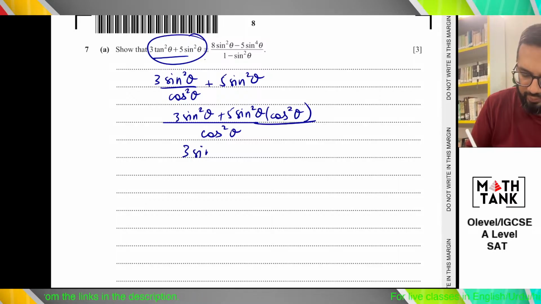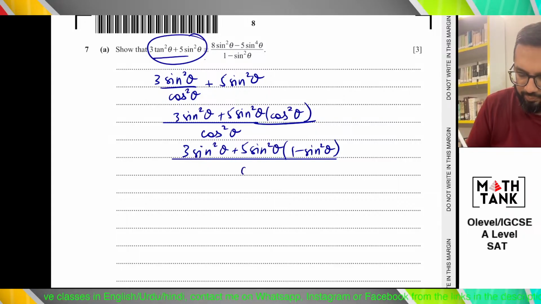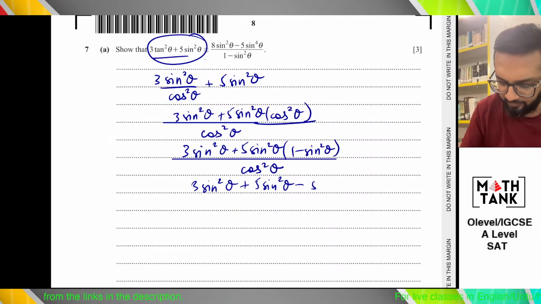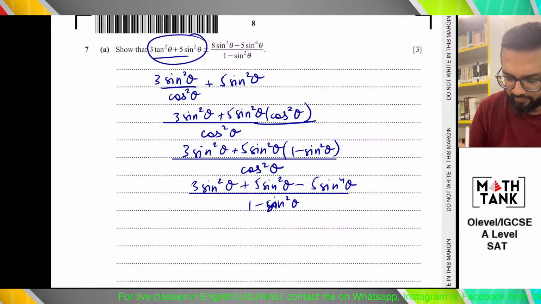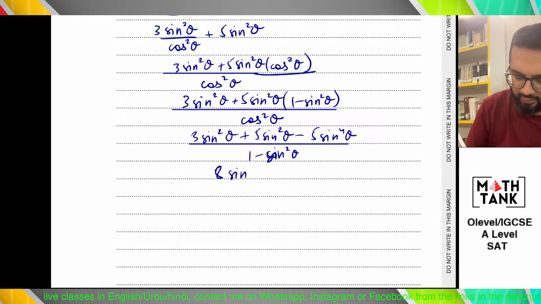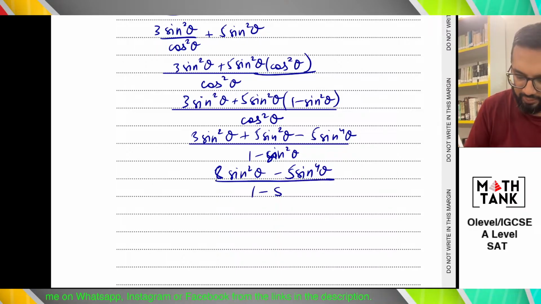So I have 3 sine square theta plus 5 sine square theta, 1 minus sine square theta. So 3 sine square theta plus 5 sine square theta minus 5 sine power 4 theta. And the denominator can be written as 1 minus sine square theta. So 8 sine square theta minus 5 sine power 4 theta over 1 minus sine square theta.